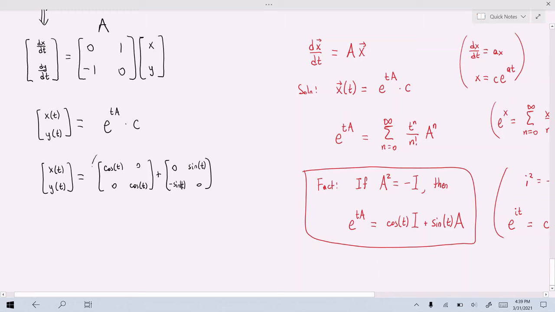So we've got e to the tA multiplying a constant vector c, which I'll now denote as (a, b).